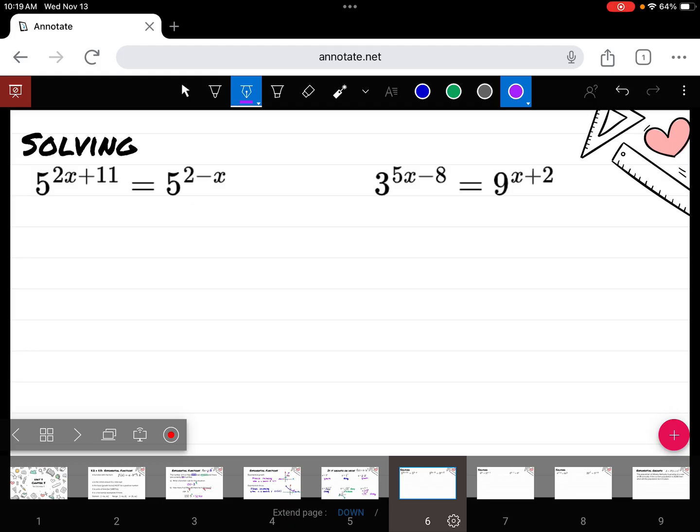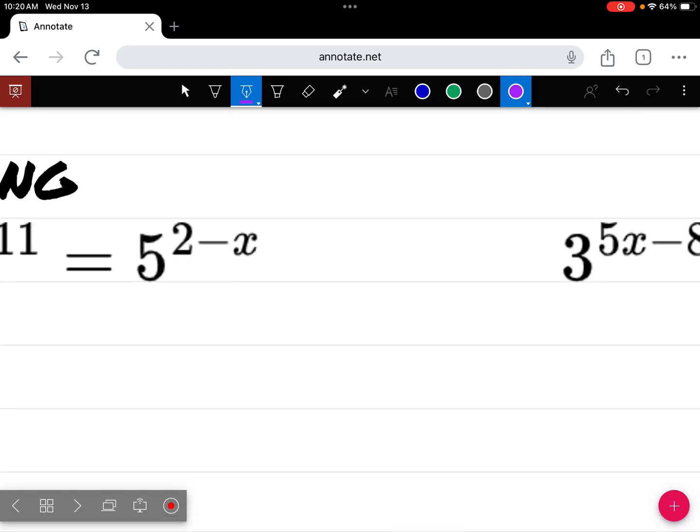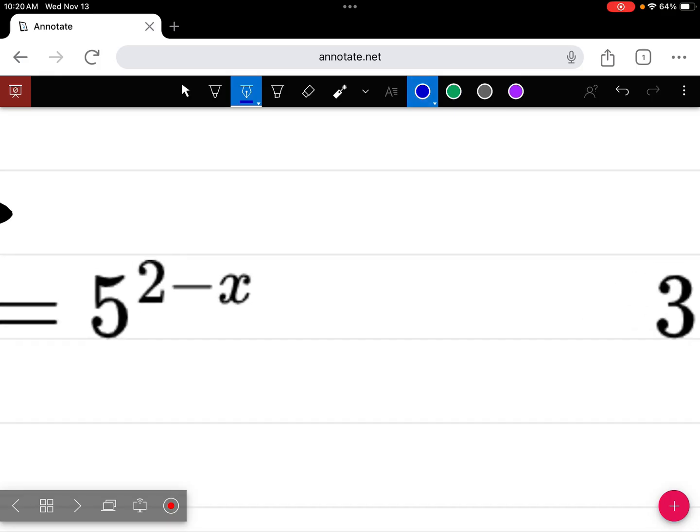So solving these exponential functions, we're going to be given 2 expressions. What we want to do is either have them be or get them to be the same base, so that we can look at our exponents on their own.